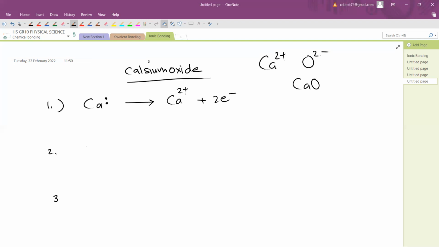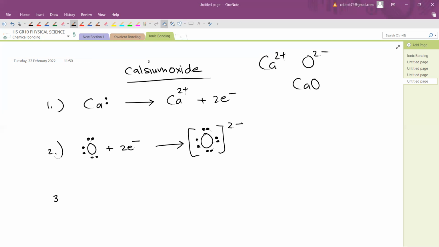Okay, now the non-metal is oxygen. It's in group 6. So it's got 6 electrons. It will take up 2 electrons. And then it would become oxygen with 8 electrons around it. And then its charge is going to be 2 minus.